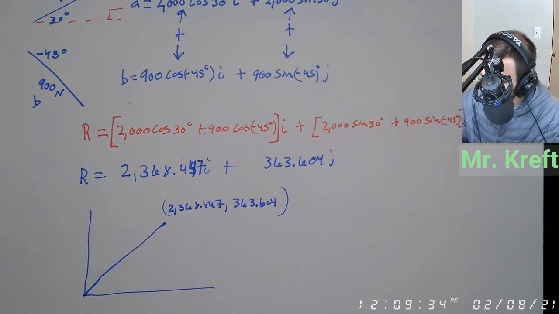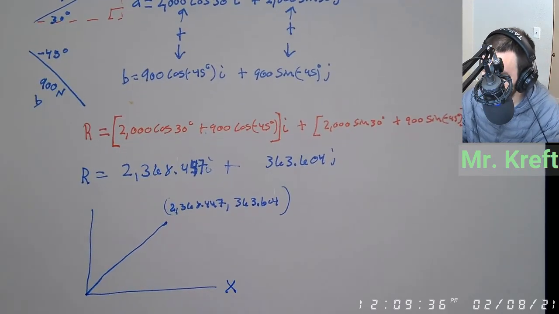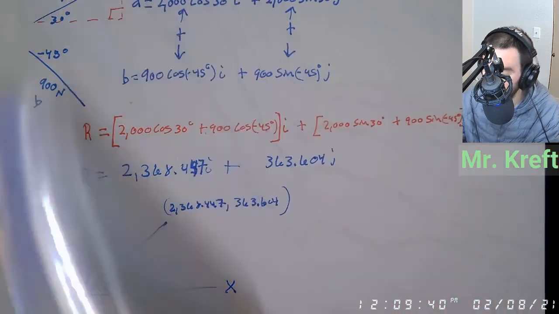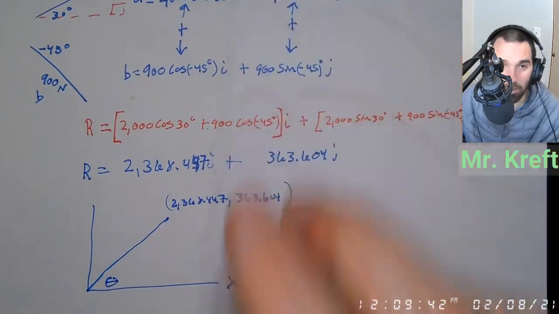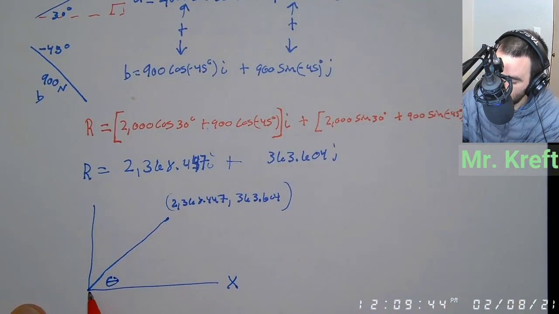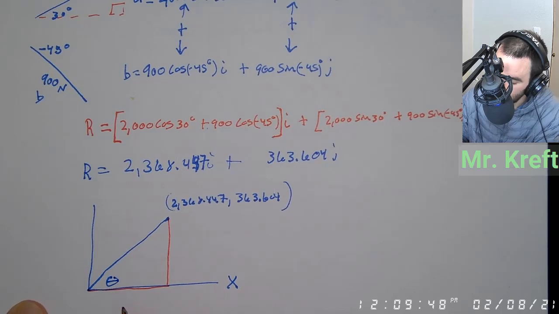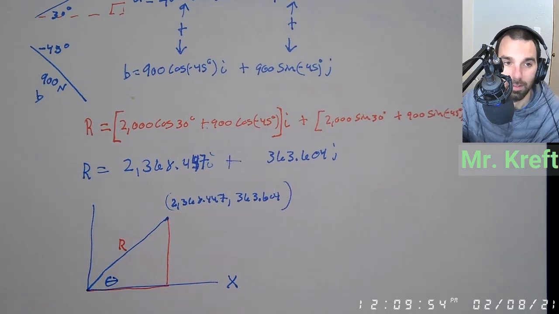And then it's above my x. So I'm going to have to find my theta. You guys with me on this? Am I going too fast? So I'm going to have to find my theta, and I'm going to have to find my magnitude.